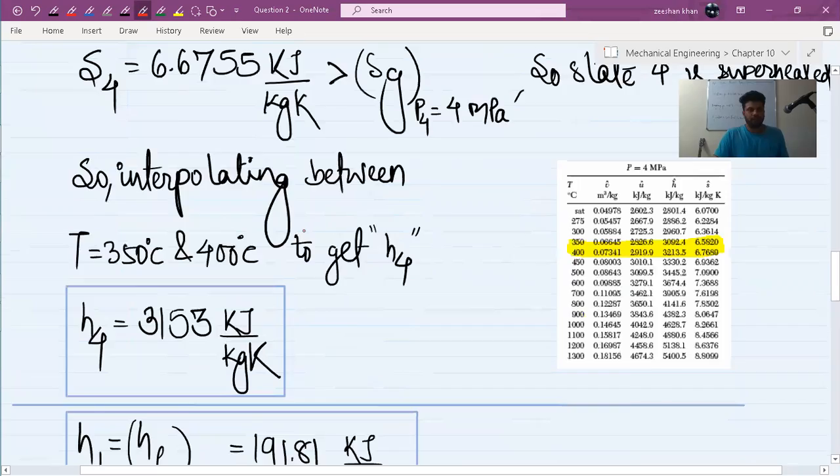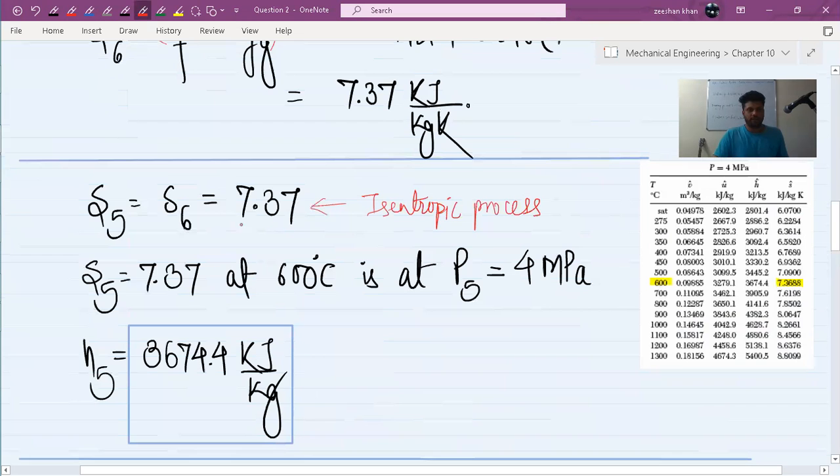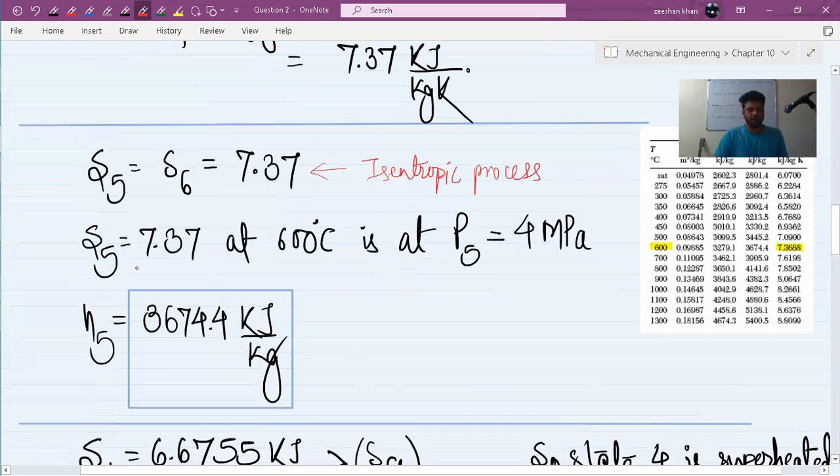Now if S6 and S5 are equal, we need to find the temperature or the pressure at which entropy is equal to 7.37, the fifth state.